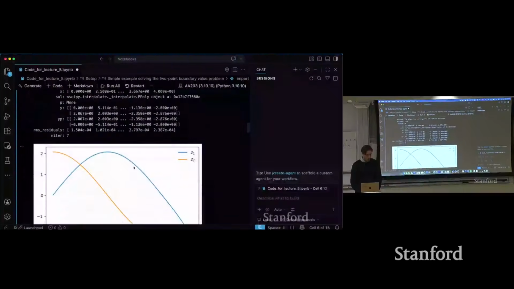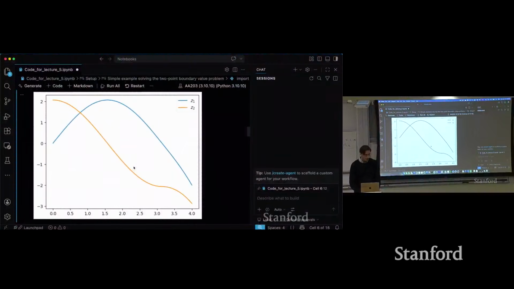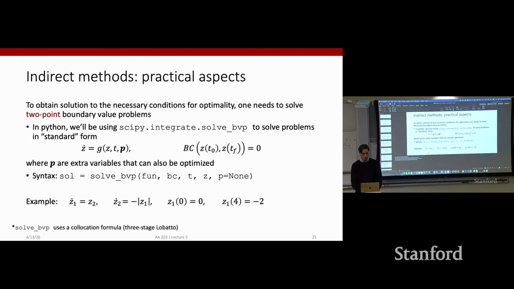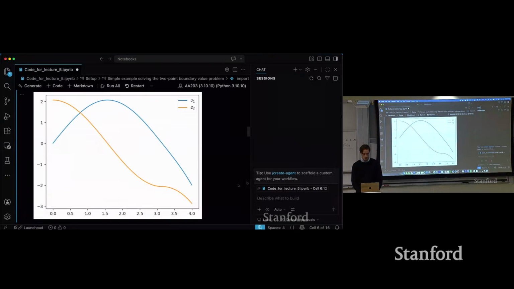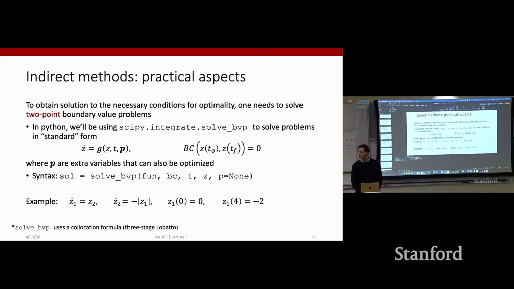What happens if we just run this is that we get that the differential equations are solved. This is the plot of Z1 and Z2 over time. First of all, it goes from 0 to 4. And note that Z1 starts at 0, which was our boundary condition here, and it ends at -2, which was our final time boundary condition.